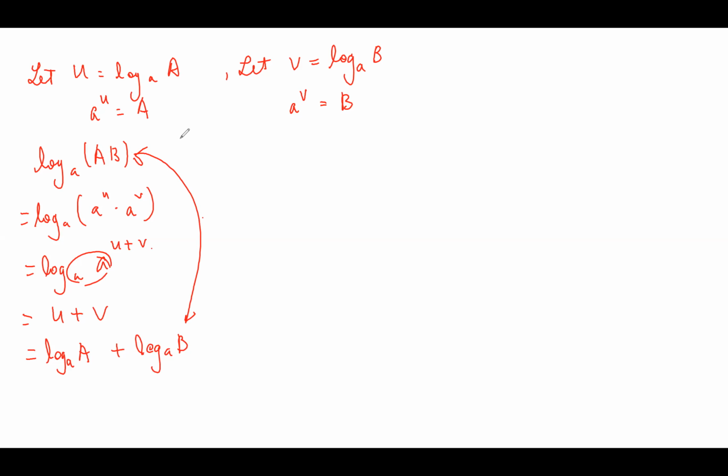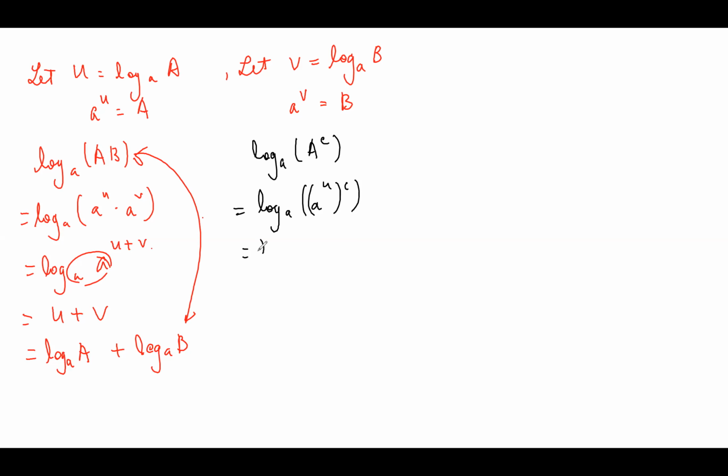Now the next one that I would like to show is that log base a of a to the power of c. Same thing, we replace a with a to the u, and then remember, we are going to raise it to the power of c, right?